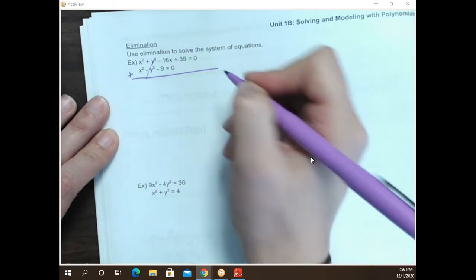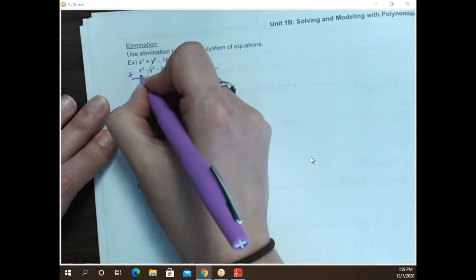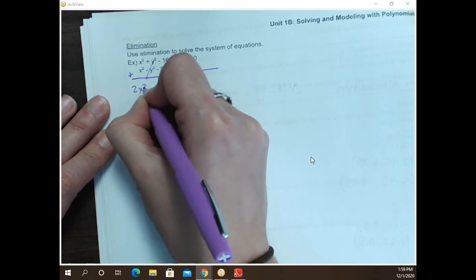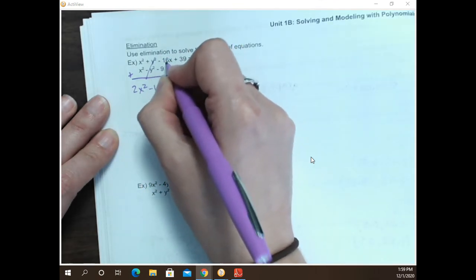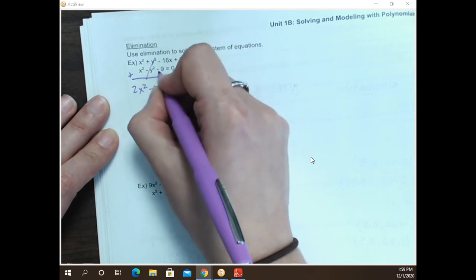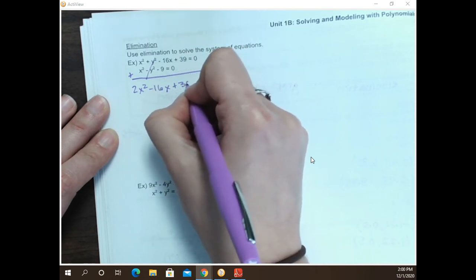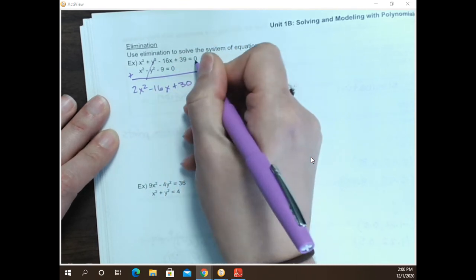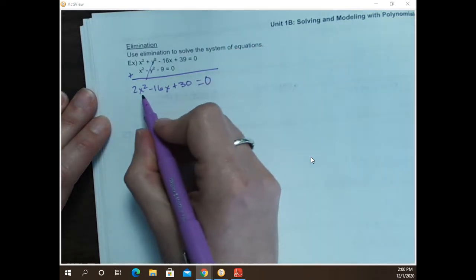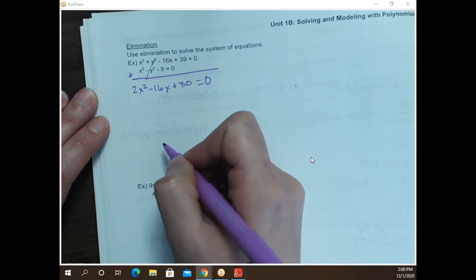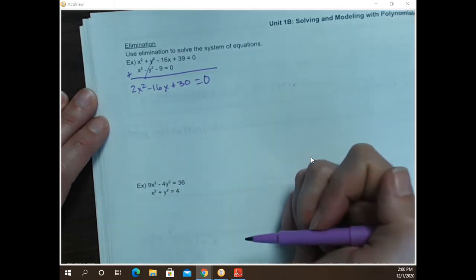So I'm going to go ahead and add the rest of my like terms here. So x squared plus x squared is 2x squared minus 16x, since that's the only x term. And then 39 minus 9 would be plus 30 equals 0 plus 0, which is just 0. Now I've got something that's just in terms of x, so I can solve for x.